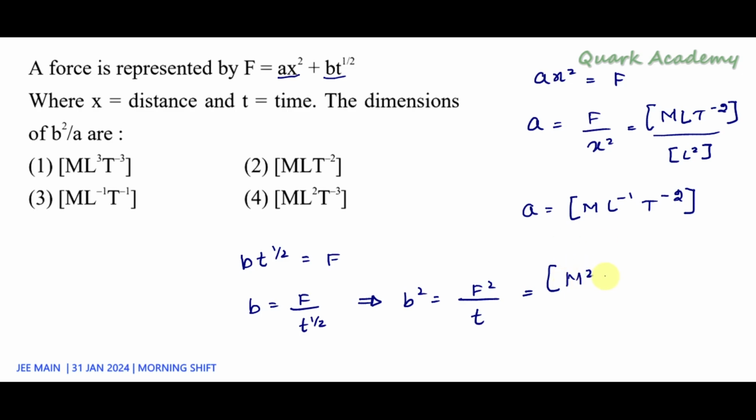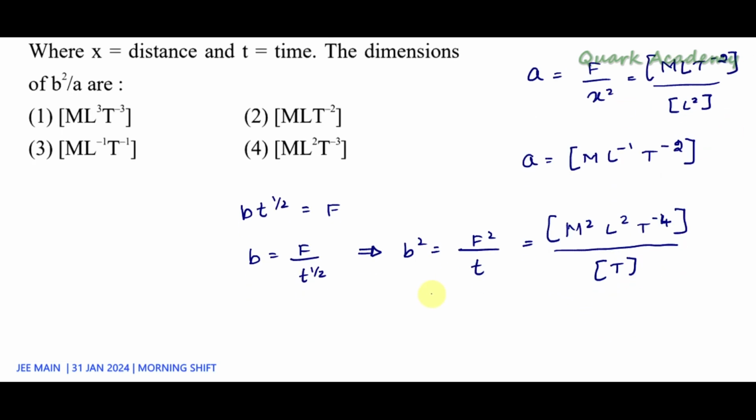So this will be m squared L squared t power negative 4, divided by time. So the dimension of b squared is going to be m squared L squared t power negative 5.